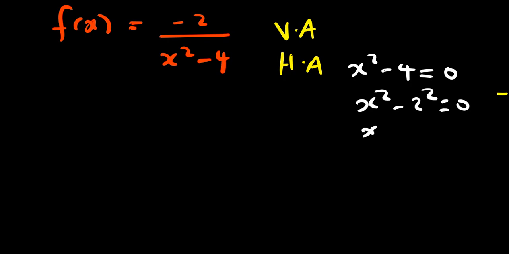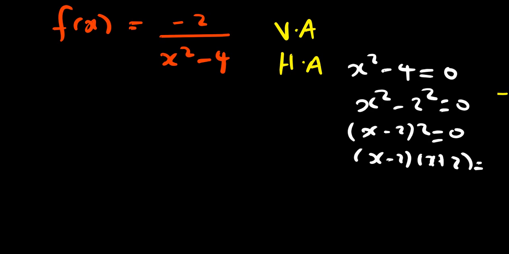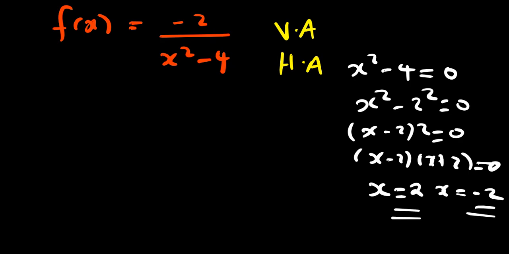So we have x minus 2, x plus 2 is equals to 0. So therefore, the values of x will be equals to 2, or x will be equals to negative 2. So those are the vertical asymptotes. Your graph is not supposed to touch these x values, okay? Very, very important. You have to know that.